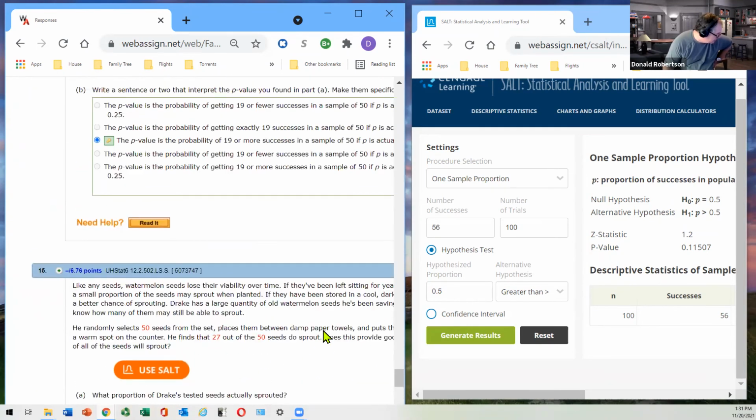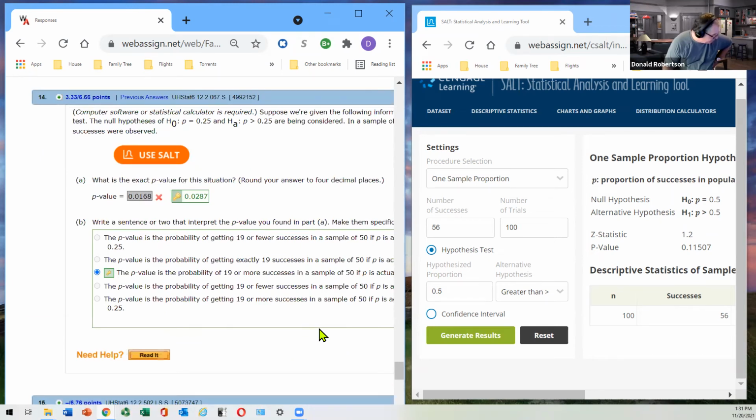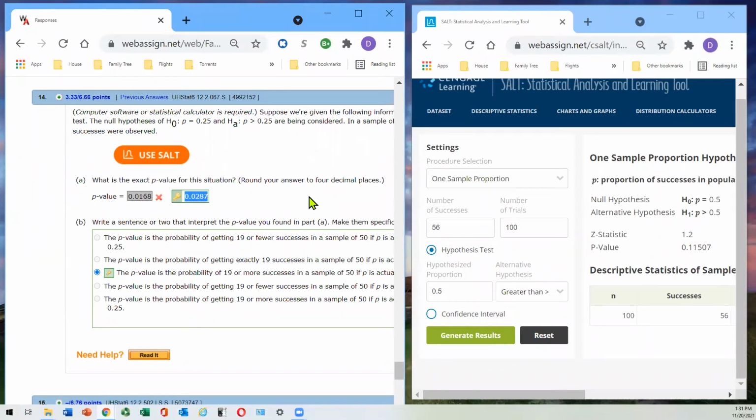So let's get 14. This is your version of 14, right? And that's the number that you got. The number that they were wanting is 0.0287. So you want to type that in and check that it's accepting that as the right answer. Okay, I'll have to log into WebAssign and everything.